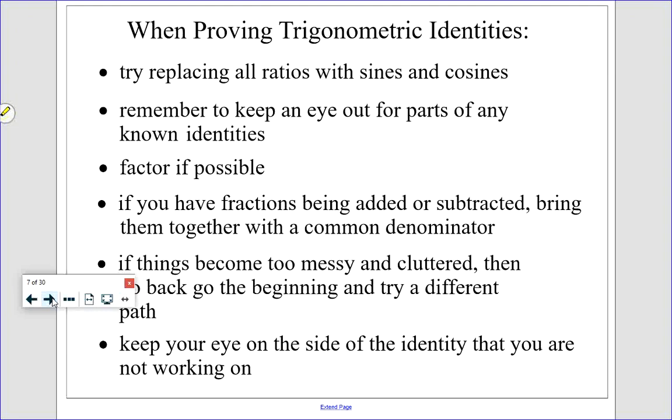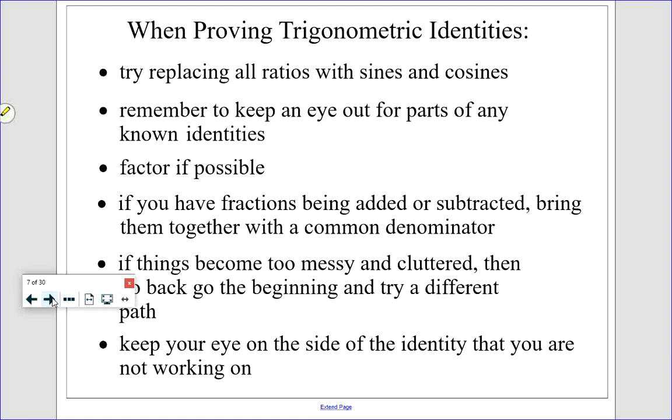The most obvious illustration of that is you see sine squared plus cos squared. It's 1. If things get too ugly, too weird, too confusing, go back to the beginning and try something different. Because as we've seen, sometimes if you try replacing all ratios with sine and cosine, it might take you down a road that is really bumpy, whereas if you just factored first, it becomes very easy.